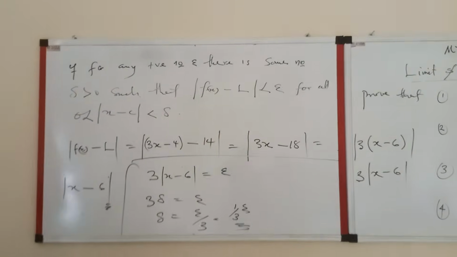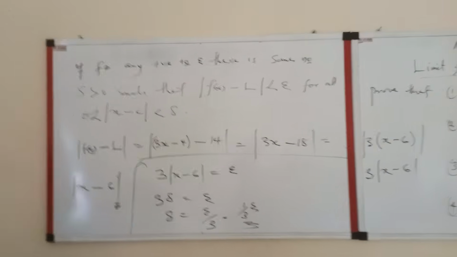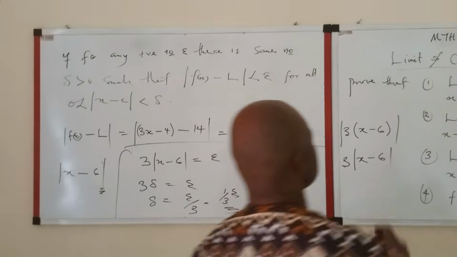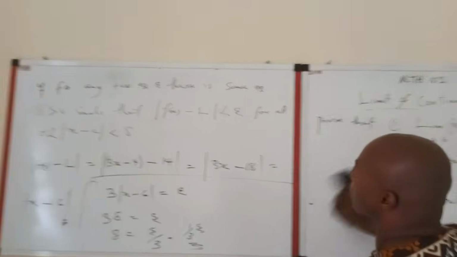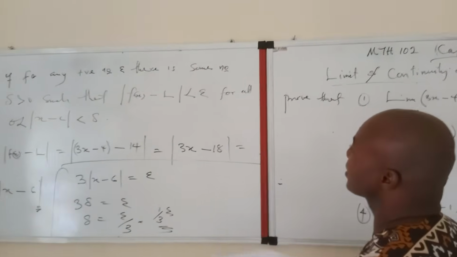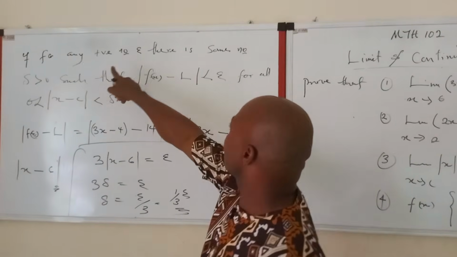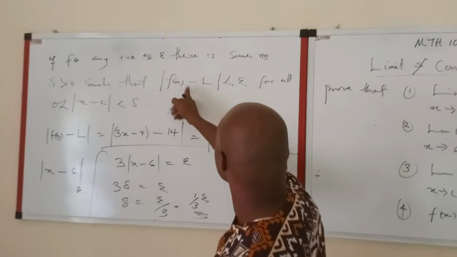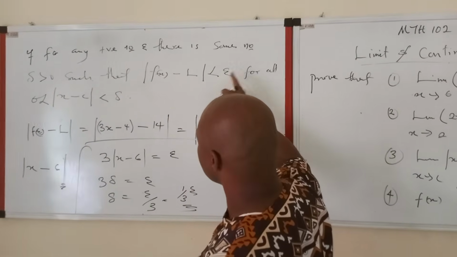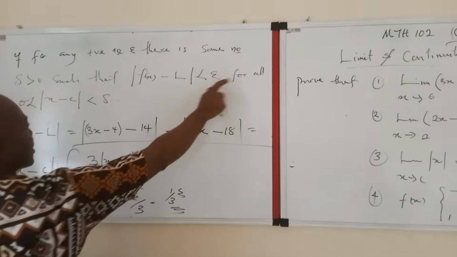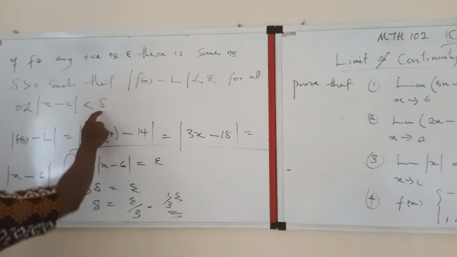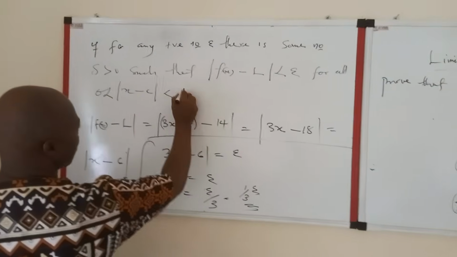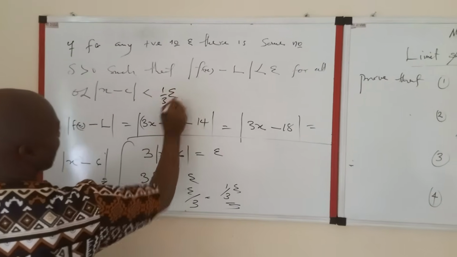So going back to the statement that we have, one can comfortably write that for any positive number epsilon, there exists some number delta such that this one is less than this, for all values less than, in place of this, we now put 1 over 3 epsilon.